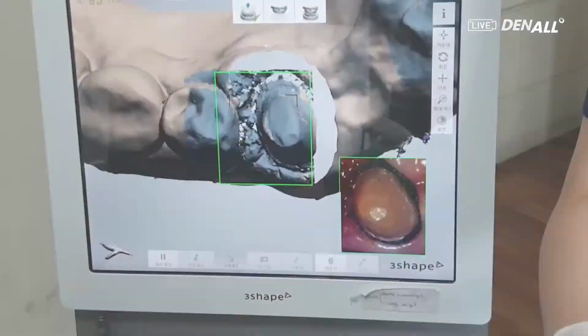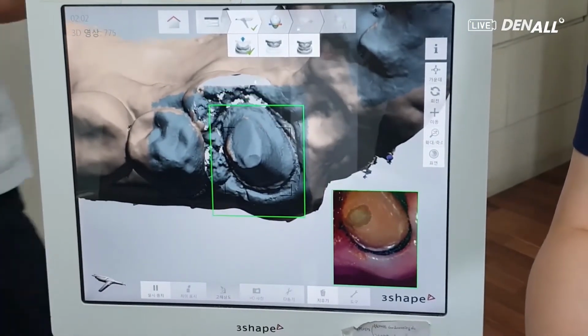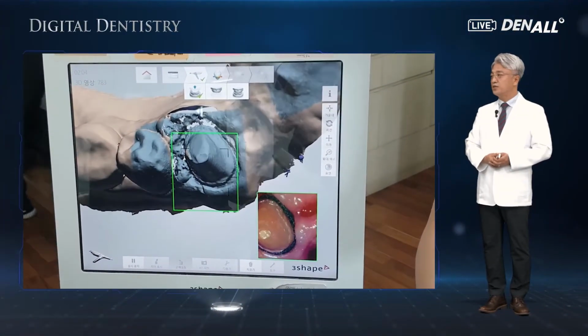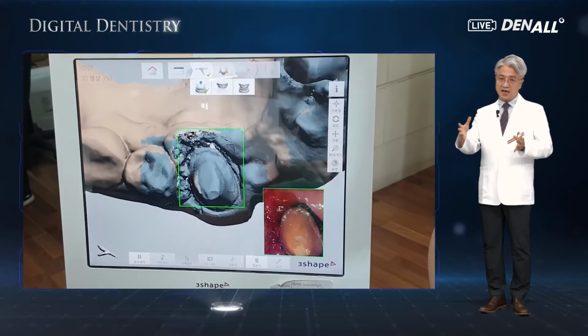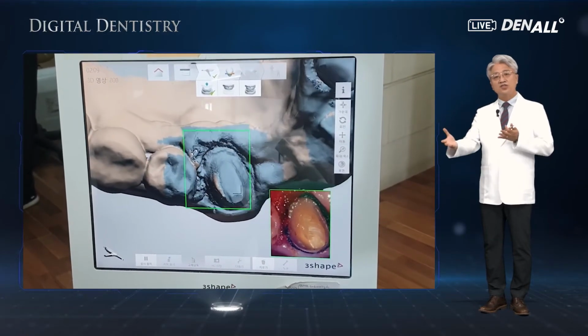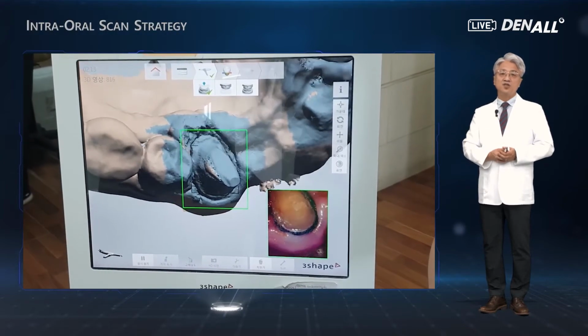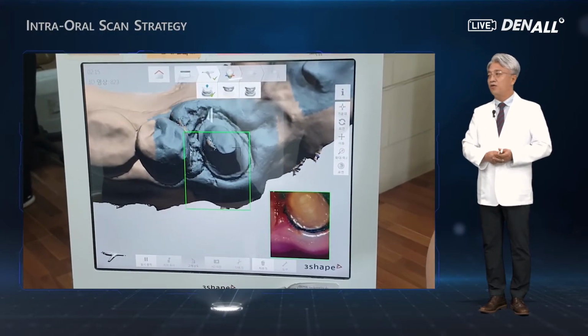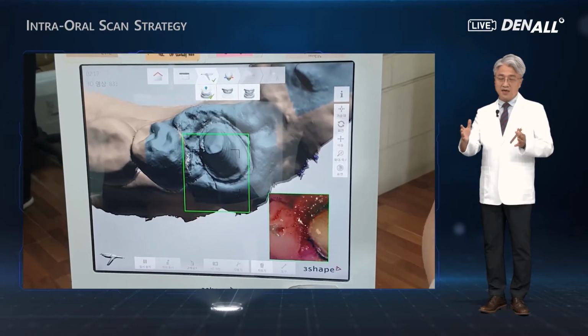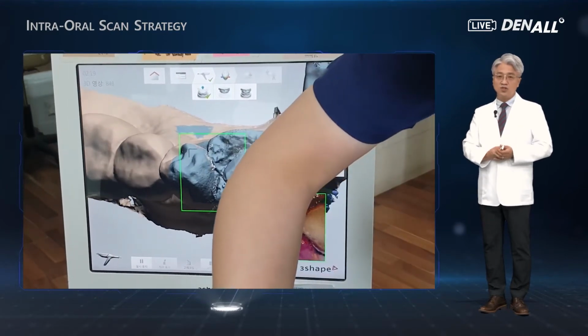For crown scanning, I believe the most important clinical point for good acquisition of scan data is that deep subgingival margin formation should be avoided as much as possible, to expose the margin with cord for margin scanning.